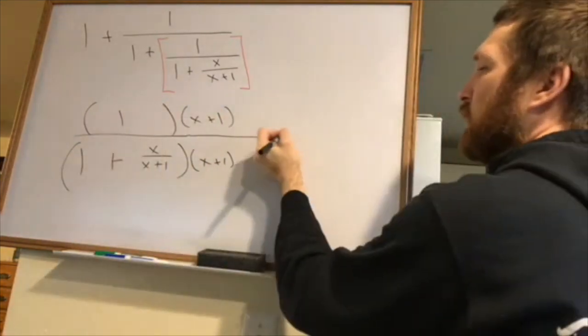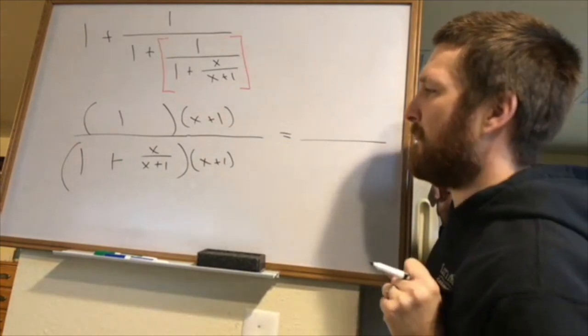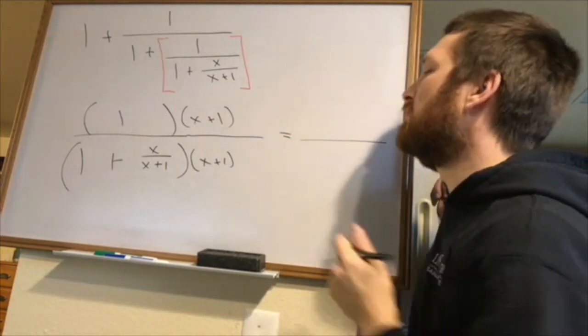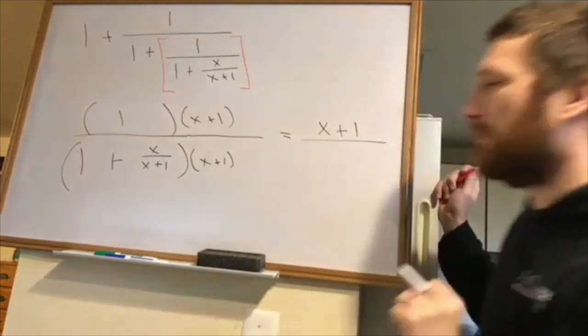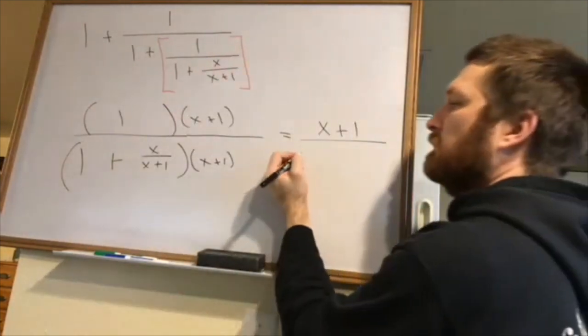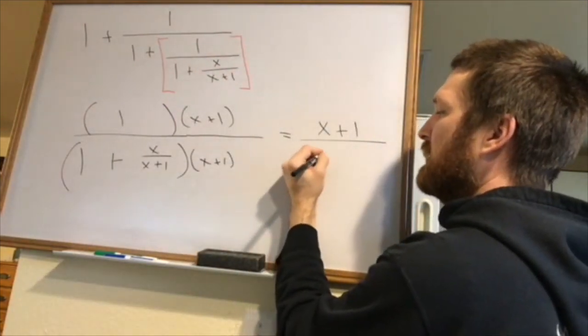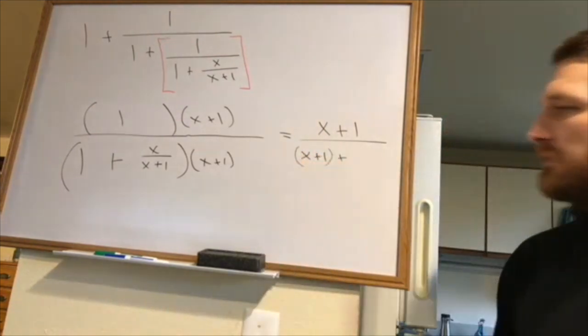And that leaves me with, what do I have on the top? X plus 1. Yep. And what do I have on the bottom? X plus 1 over 1 plus 1. X plus 1 from that first bit plus what? 1.